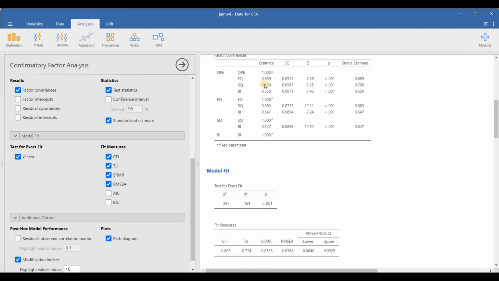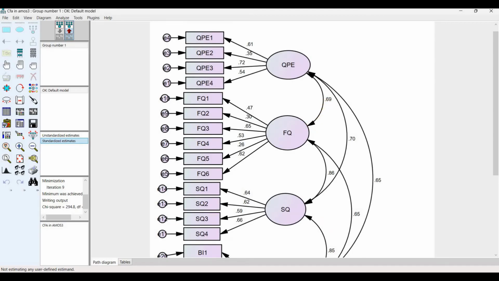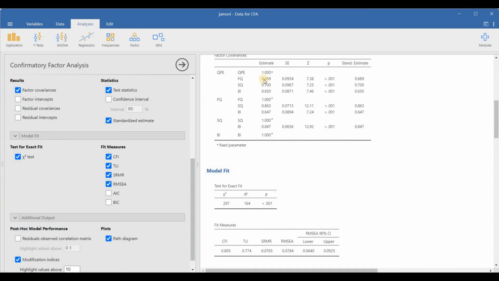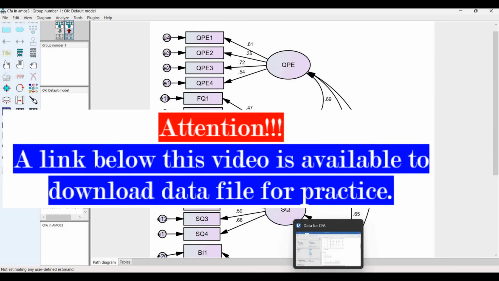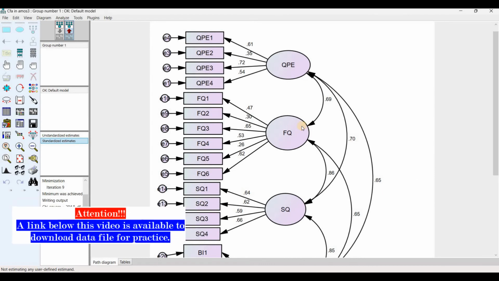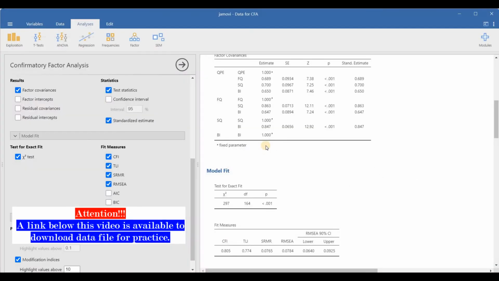Then again come here: QPE and FQ 0.689, which converts to 0.69. Then Q and QPE 0.7, and BI and QPE 0.65. So it means the results of Jamovi and AMOS are almost the same.